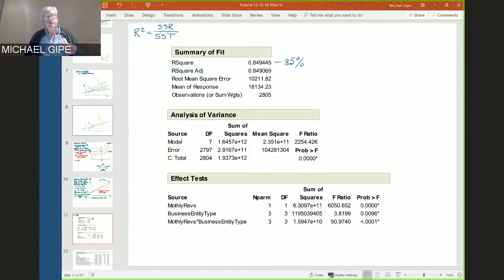So there's a way of adjusting it to take into account the fact that you've pulled out some degrees of freedom, you've used up some of the information that's inherent in that sample data.